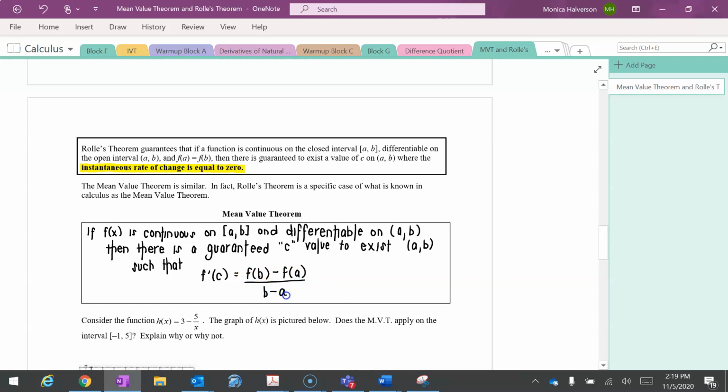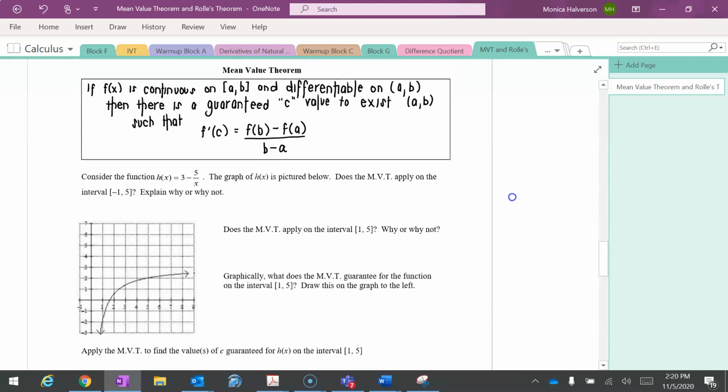So it's not that the instantaneous rate of change at C is equal to 0, it's that the instantaneous rate of change is equal to the average rate of change. So let's look at this example.